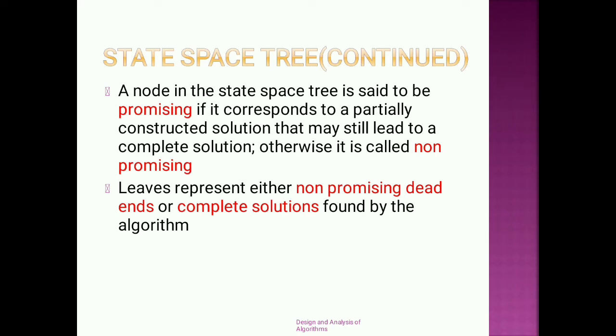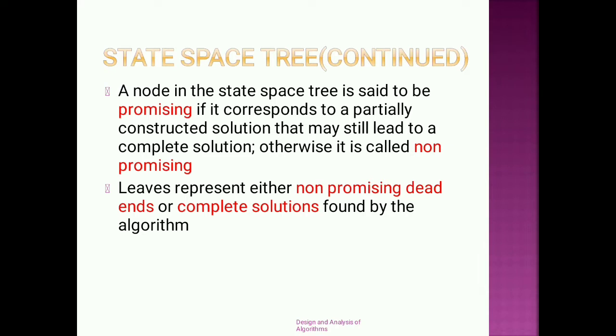There are two terms in the state space tree: the promising node and the non-promising node. When do you call a node a promising node? If the node corresponds to a partially constructed solution which will lead to a complete solution in the future, such a node is called a promising node.